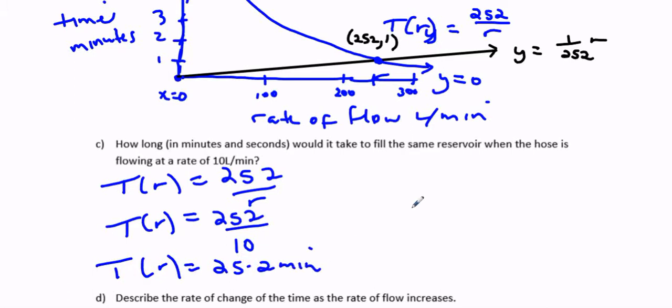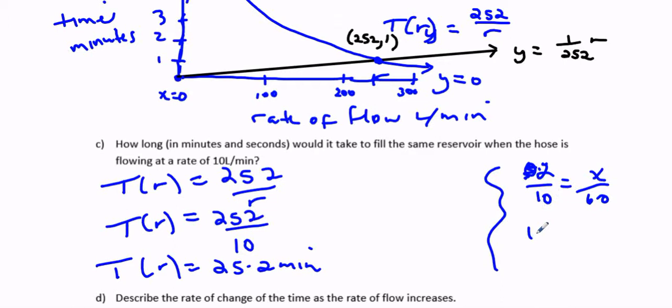But the question says, how long in minutes and seconds? So what's 0.2 of a minute? It's not 20 seconds, okay? So if you have difficulty with these kinds of questions, you could just convert 0.2, which is really 2 out of 10. Instead of 0.2, we can just say 2 out of 10 equals x out of 60. How many seconds is 0.2 of a minute?